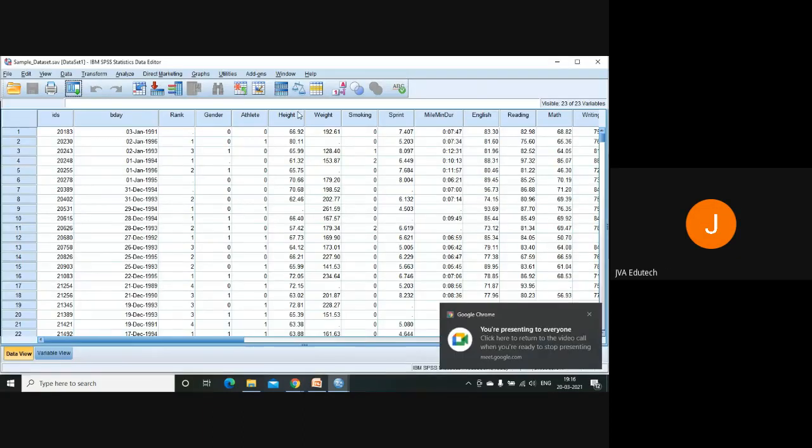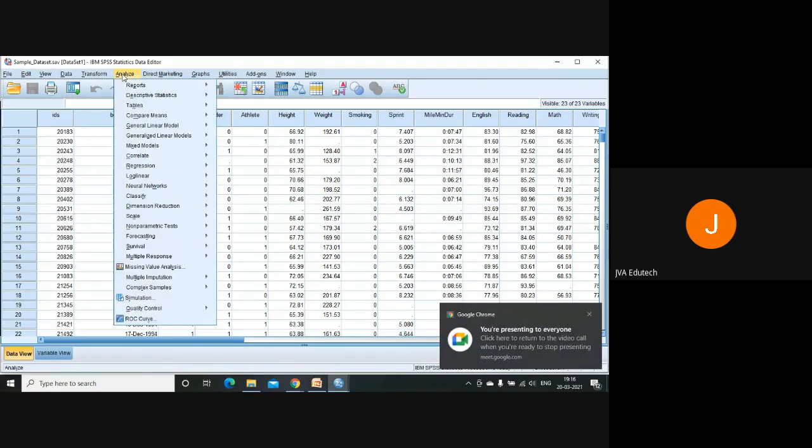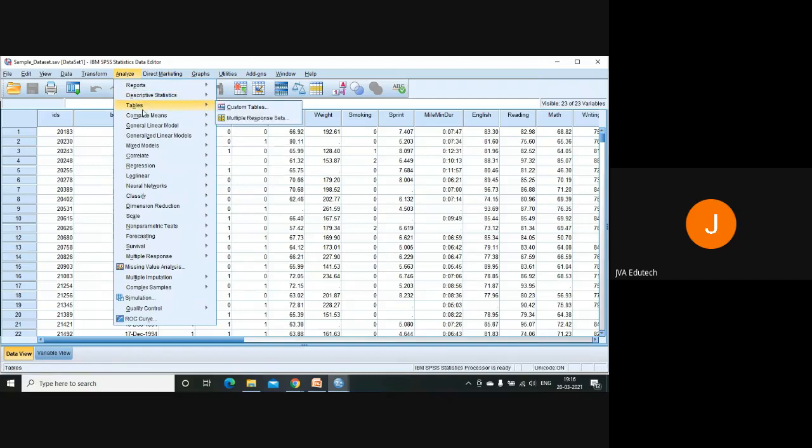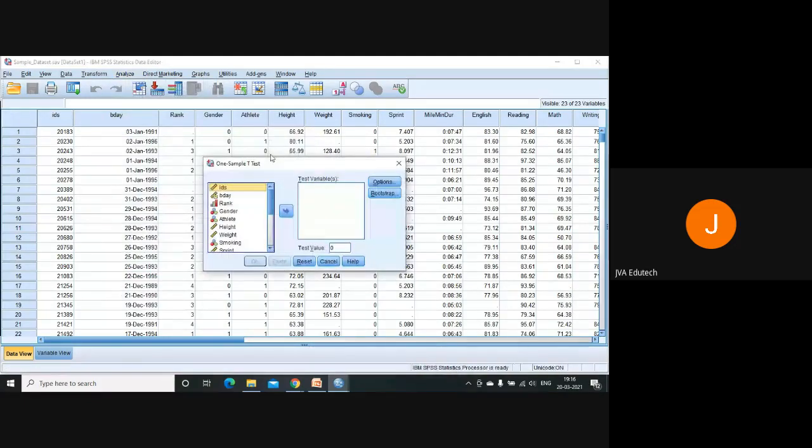Fine. So we have to apply the one sample t-test on this. Simply go to Analyze, Compare Means, because this is a kind of mean comparison, and click on One-Sample T Test. Our test variable that we want to test is the height. If it is marked as a scale, it means it is a metric or continuous variable.